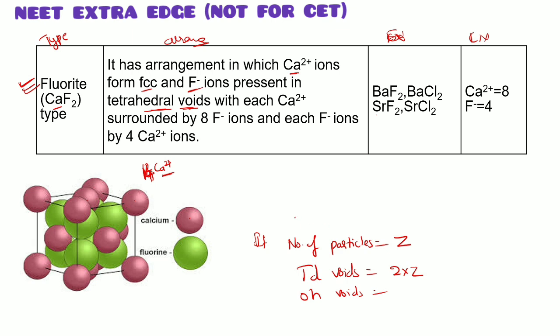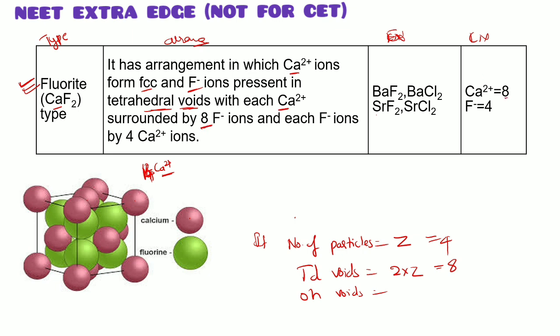So in this particular case, in FCC, total Z is equal to 4, hence the tetrahedral voids are equal to 8.